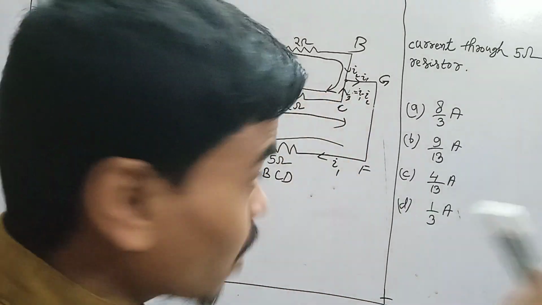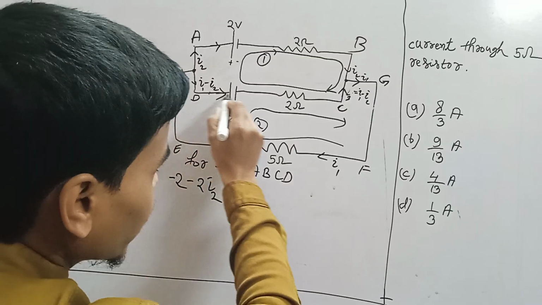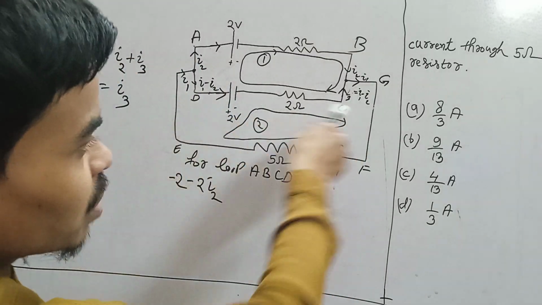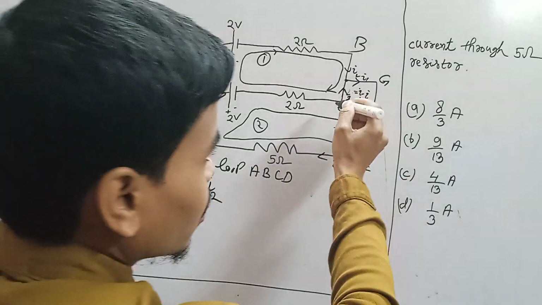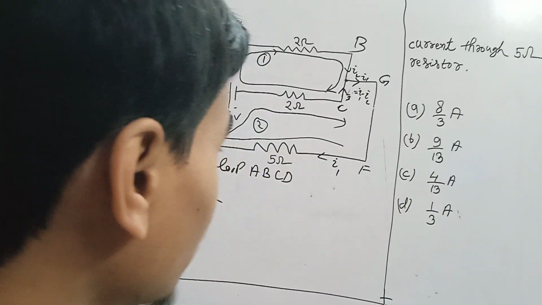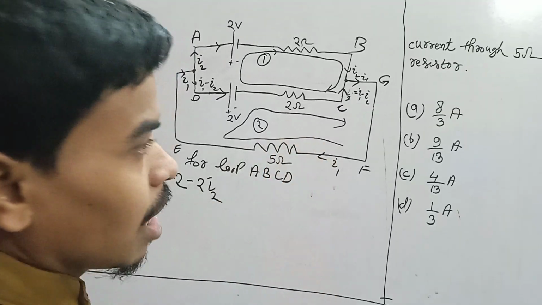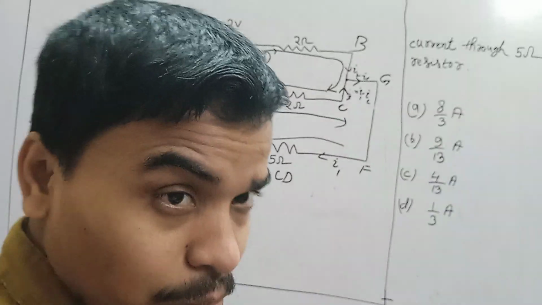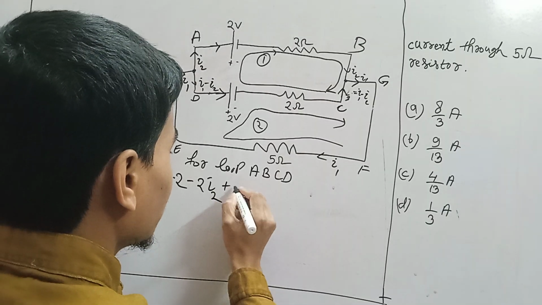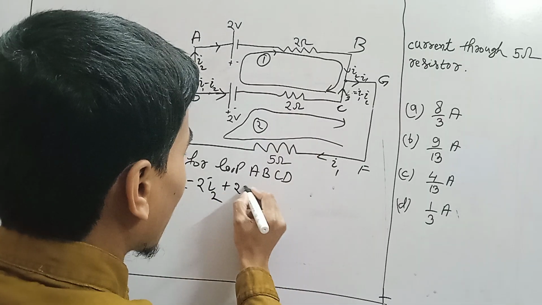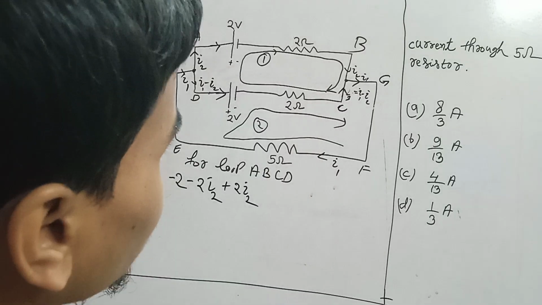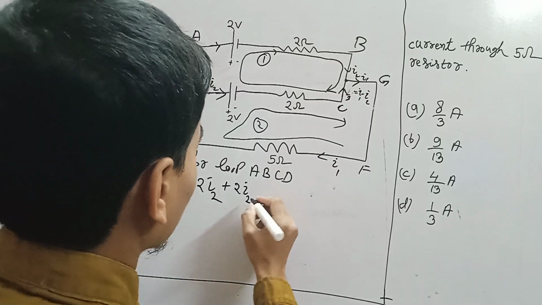Now we have to see that the current is flowing in this direction from D to C, and now we are going from C to D. This is opposite to the current. So for this resistor, for the opposite direction, we have to take a positive sign. So positive 2I2. And the total sum will be 0.